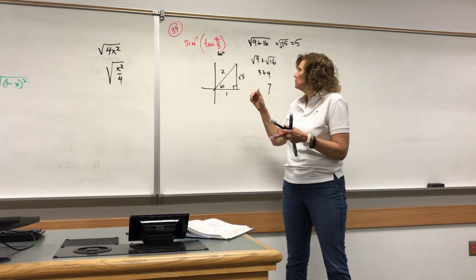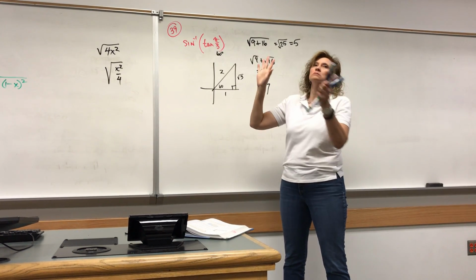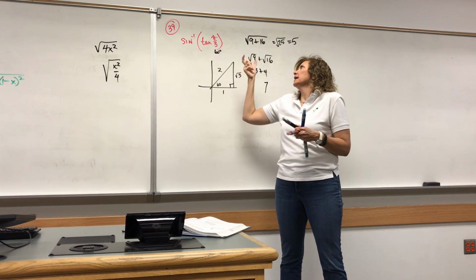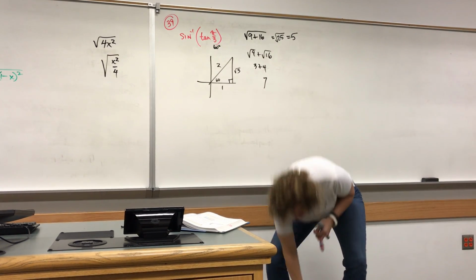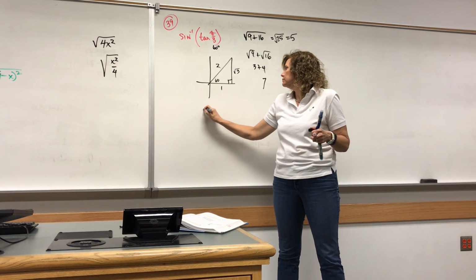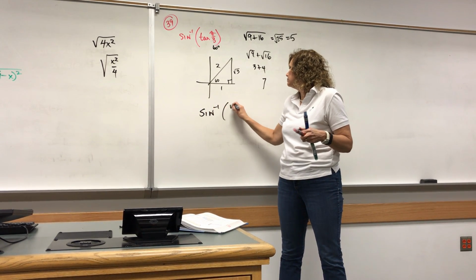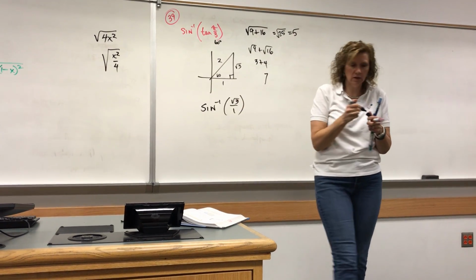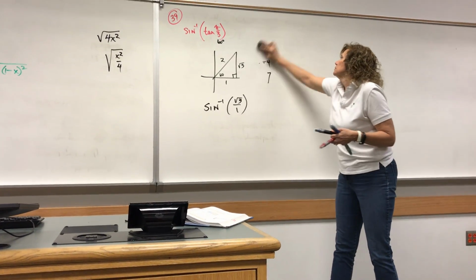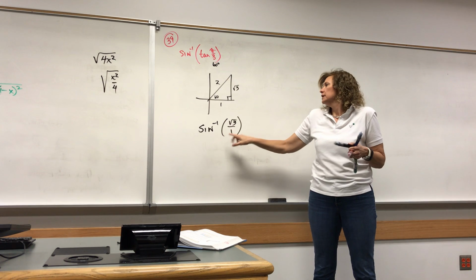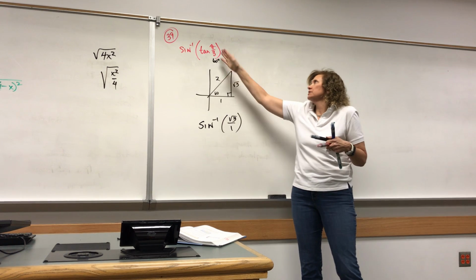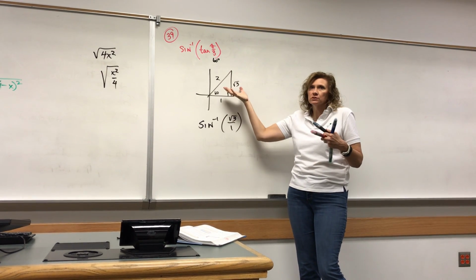So, again, the tangent of pi over 3 is a ratio. So this is root 3 over 1. Now, it could be easy to say, well, the answer might be pi over 3, and the reason why it's not is I can't use this picture.